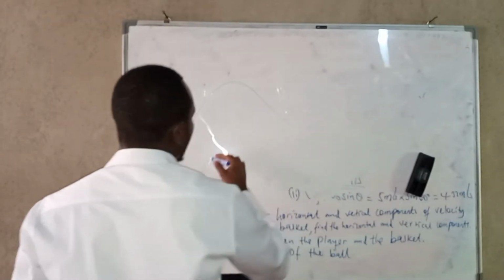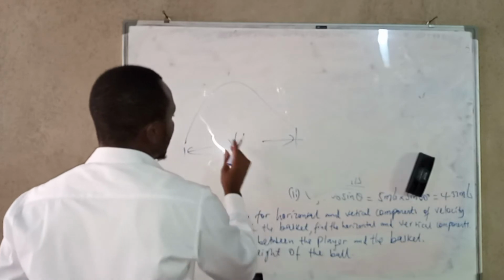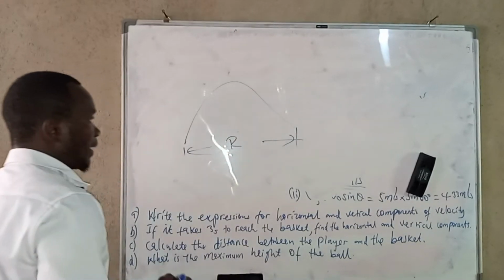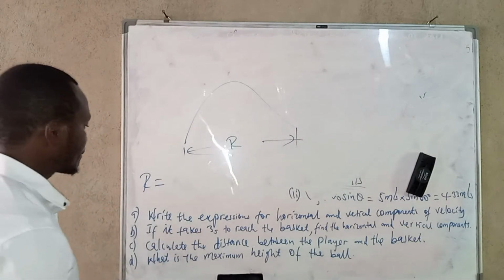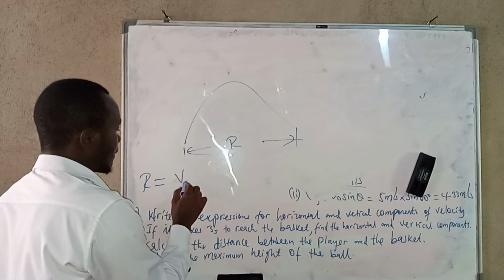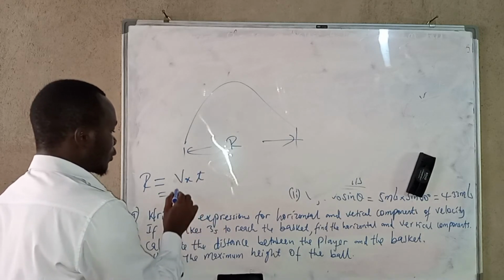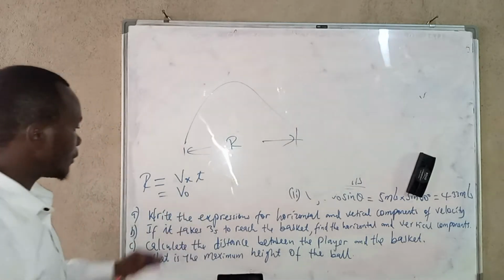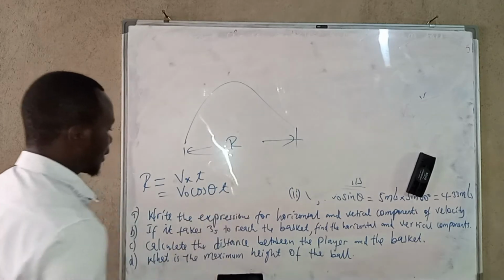The player is here, then the basket here. So this distance is what we call the range. So range is found by Vxt, which is Vo cos theta times t.